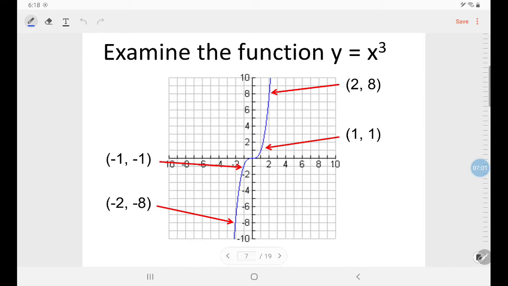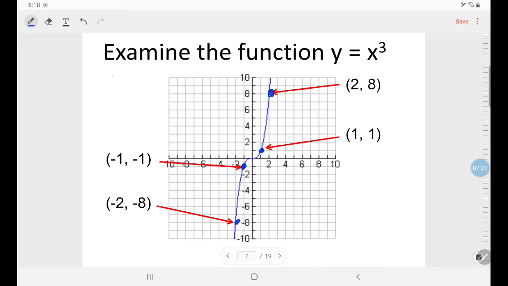Third type of symmetry. I have the graph of y equals x cubed, and let's look at points here. (1, 1), (negative 1, negative 1), (2, 8), (negative 2, negative 8).